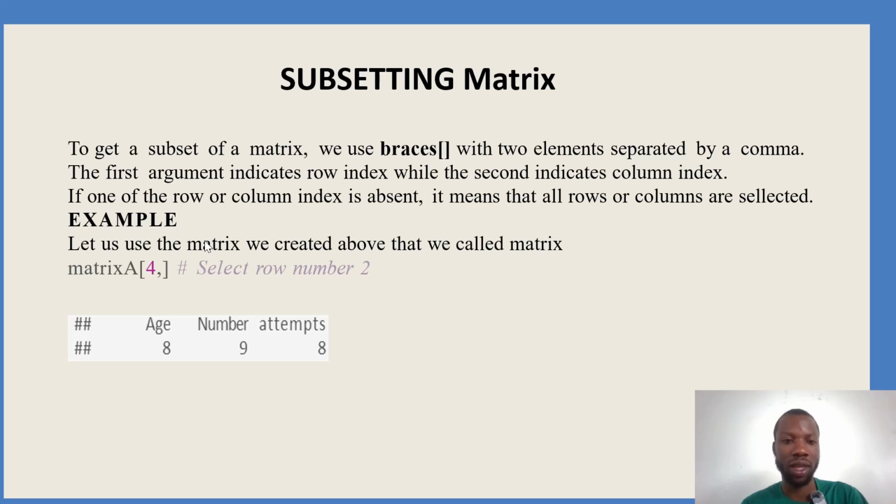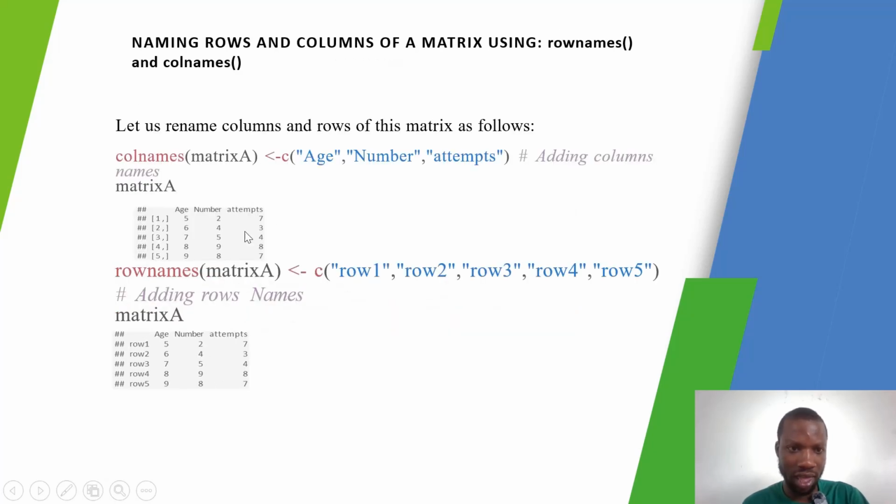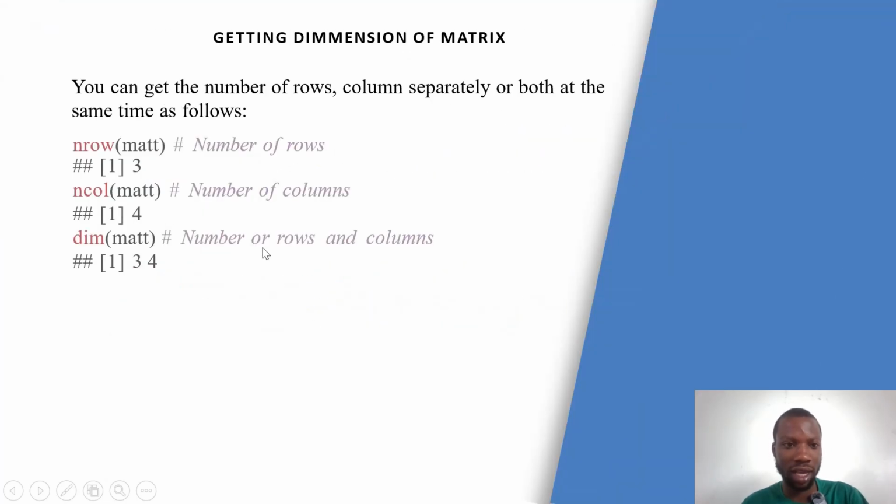Bring it to me. Select row number 4. That's row number 4, it is 898. You see, if we come here, this is matrix A, row number 4 is 898. That's what we are getting here.